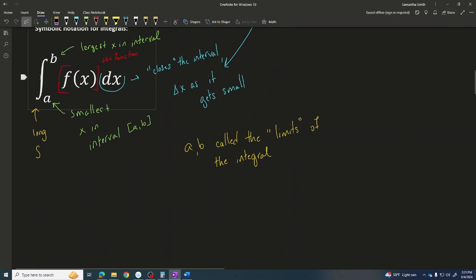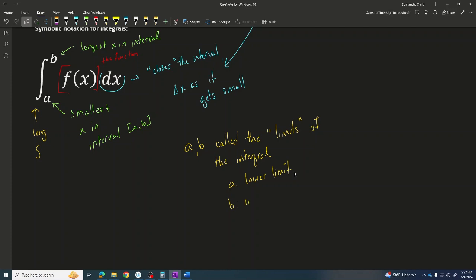Mainly we're talking about limits like this is the outer edge, the outer limit of the x's that you're working with, and this b is the outer edge, the outer limit of the x's that you're working with in your interval. Specifically, a here is called the lower limit.